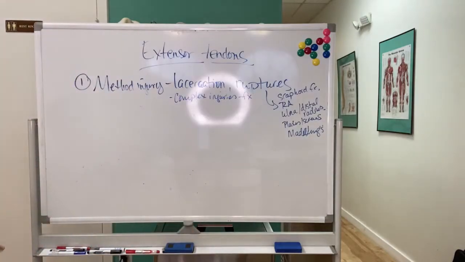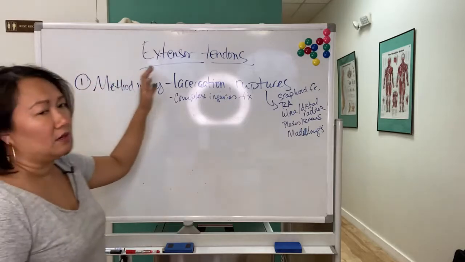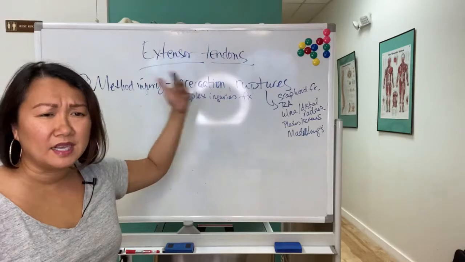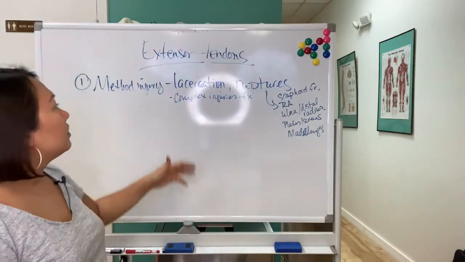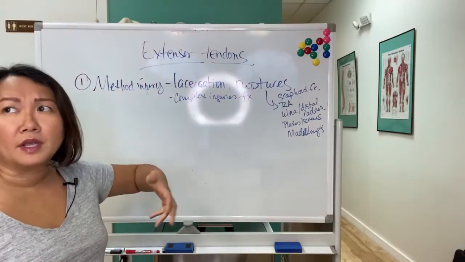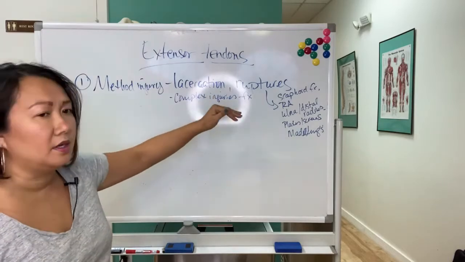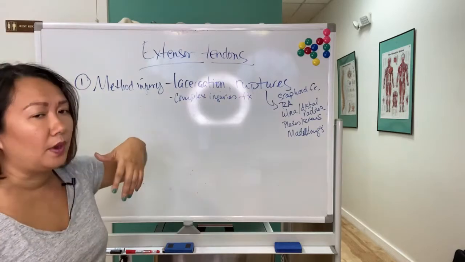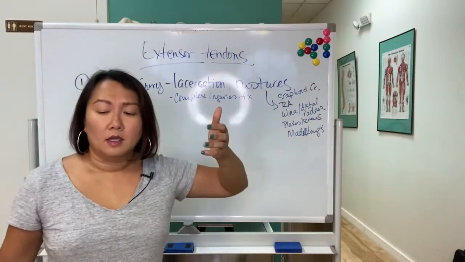On the exam and in real life, you're going to see these injuries. In your clinic, ask how they are coming in, and could their tendons be stuck due to scarring from a complex fracture.